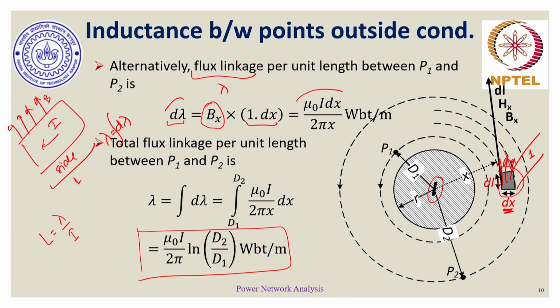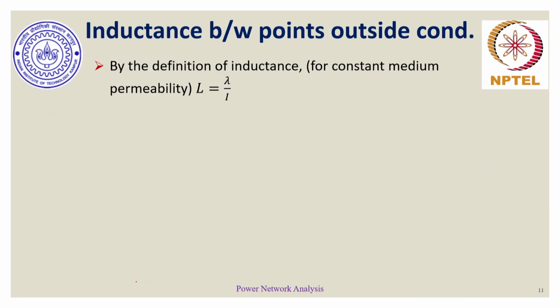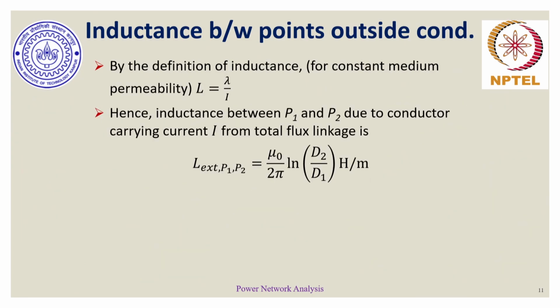So lambda by I is also a measure of L. So from here we can also find lambda by I, which would essentially be mu naught by 2 pi ln of d2 by d1 Weber turn per meter, which is also the same expression which we got from the magnetic stored energy expression perspective.